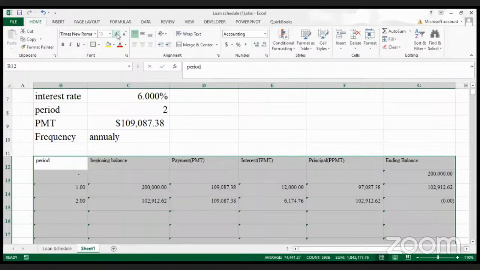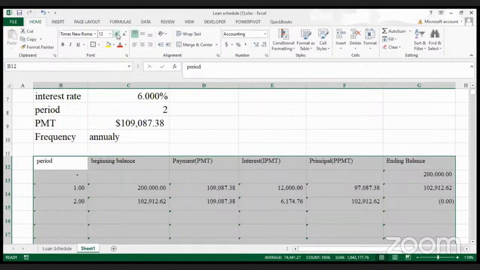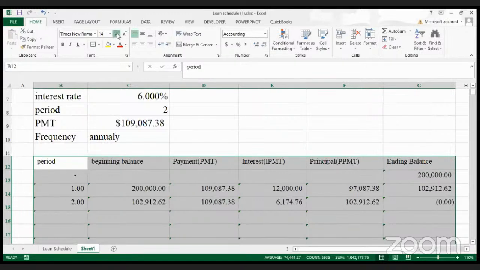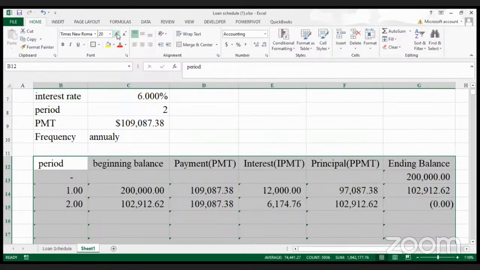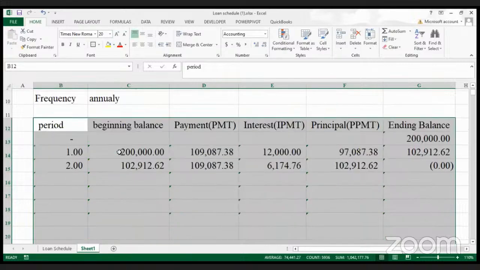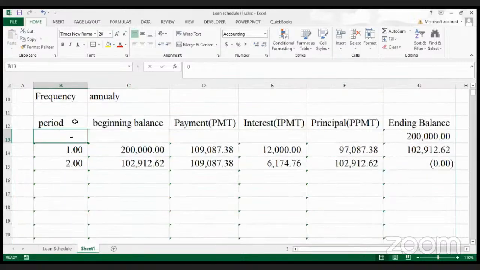Then we can increase the font for you to see it very well. I want this one here to be general for just our understanding.